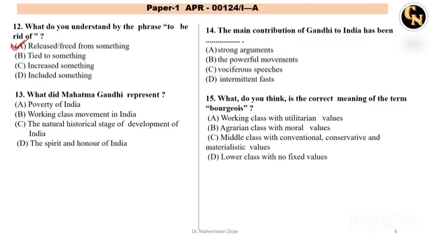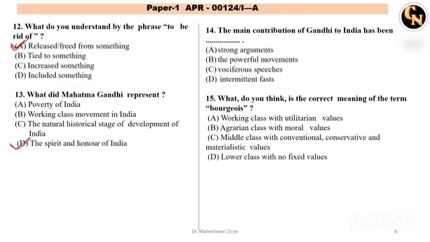Next is, what did Mahatma Gandhi represent? The options given are: Party of India, working class movement in India, the natural historical stage of development of India, or the last one, the spirit and honor of India. If you read the paragraph, you will come to know that the last option is correct, that is the spirit and honor of India.